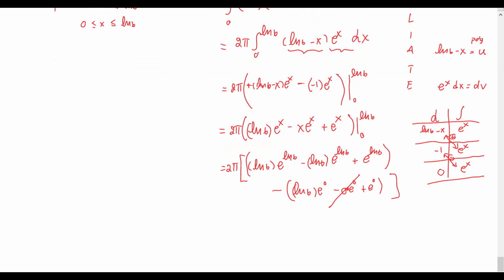0 times anything, you get 0. Now we get e to the natural log 6 equals 6. e to the 0 is 1.